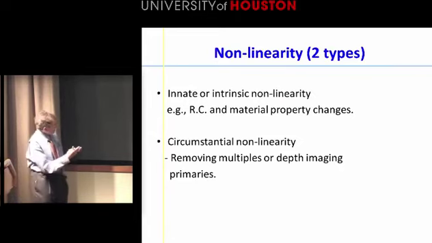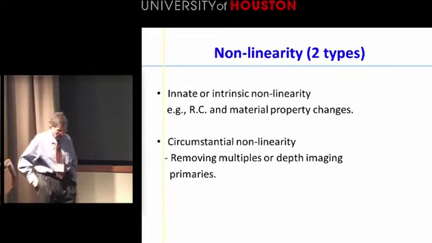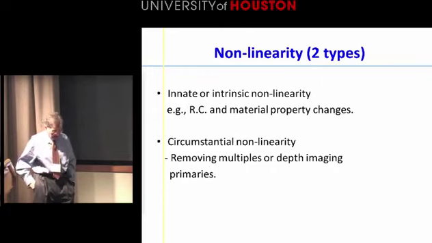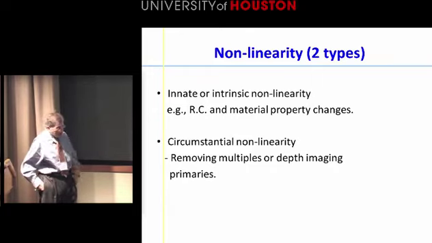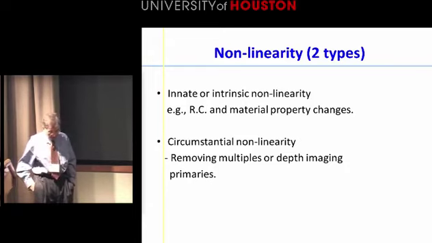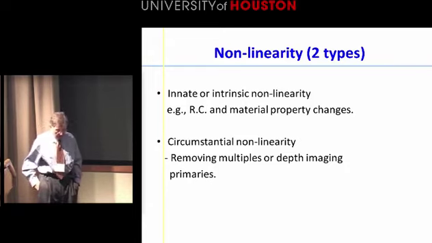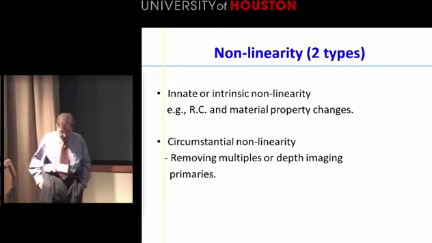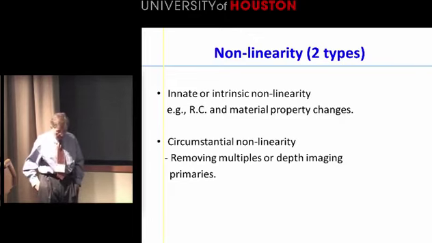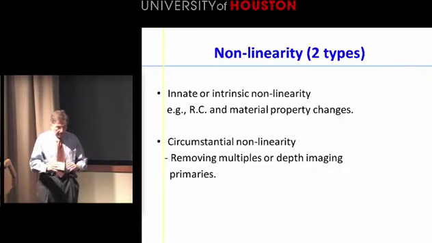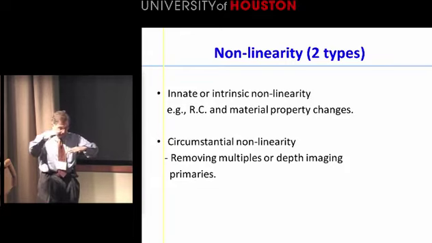Now, there's a very important concept that you'll hear about here. There's a thing that we call innate or intrinsic nonlinearity. And there's another nonlinearity which we call circumstantial nonlinearity. Innate nonlinearity is like that Zollbridge. The only way you can get away from that kind of nonlinearity between reflection data and the change in properties is if you tell me everything.